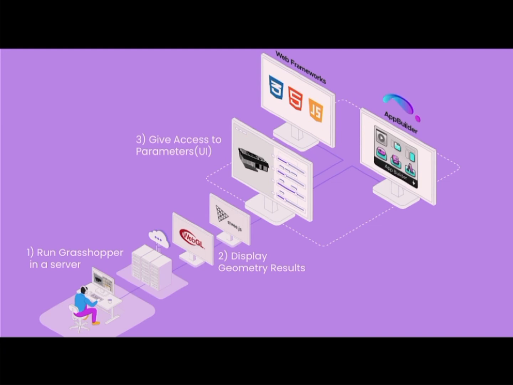Or on the other hand, if you want to stay within the computational design field and you don't want to start coding, then you can use our plugin, the ShapeDiver plugin, which has a section called App Builder, where with Grasshopper you can not just design what the user will see, the final result, the final calculations, but also the user interface itself.